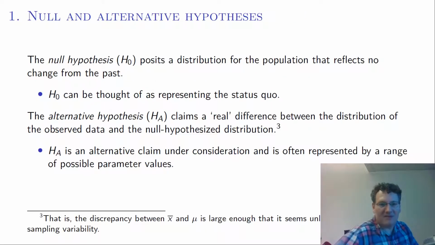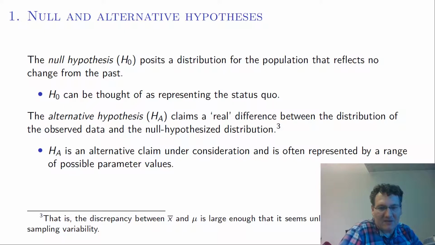So for the null hypothesis, we use the notation H with a subscript 0. We call it H naught. It represents the status quo, or no change from the past. It's the least interesting of the two possibilities.